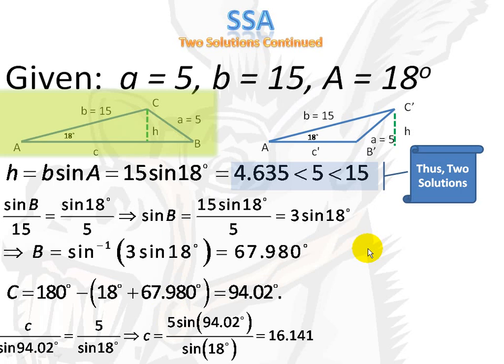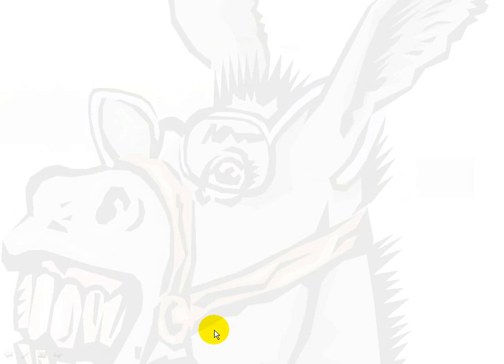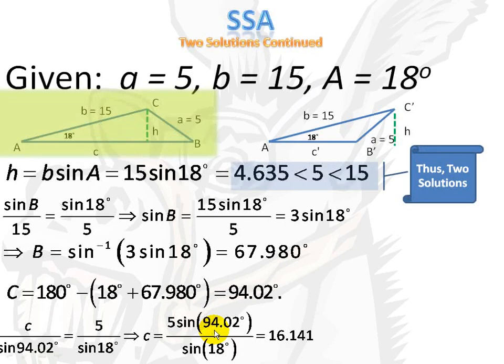C over sine of 94.02 equals 5 over sine 18. Multiply both sides by sine of 94.02, and you get your result, 16.141.